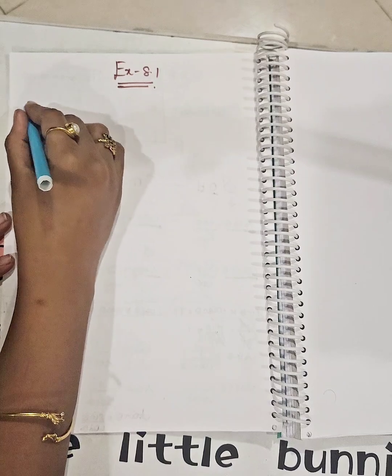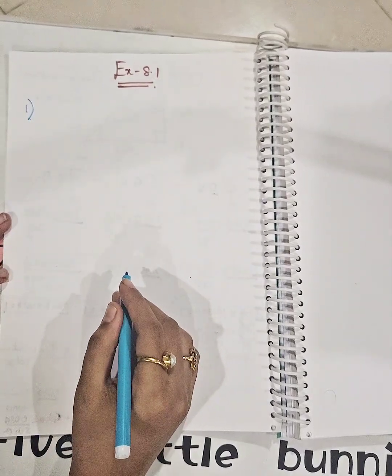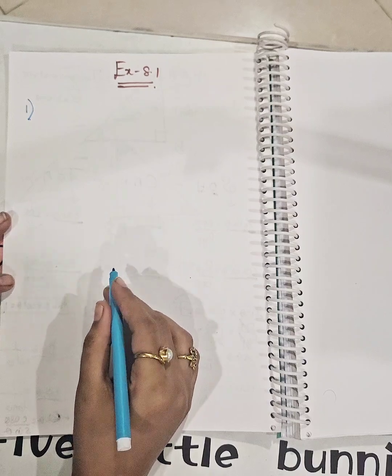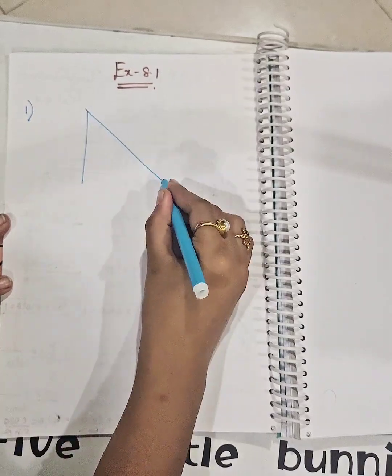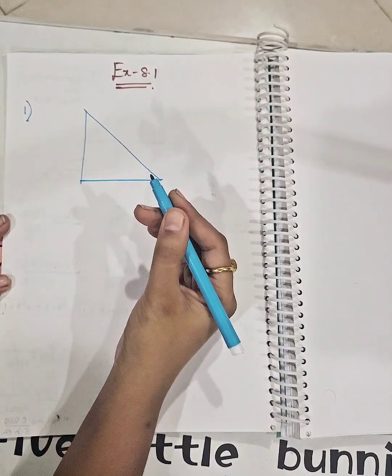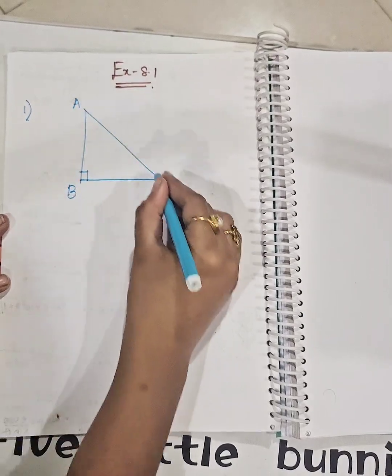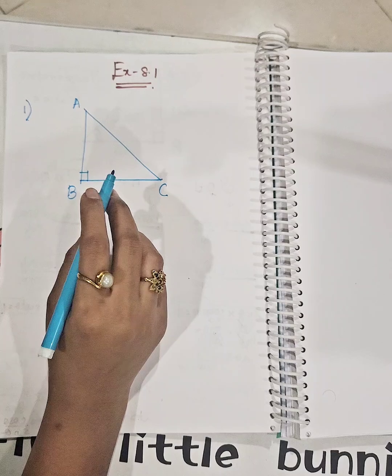So in the first sum, in triangle ABC, they have mentioned that this triangle is right angled at B. So let us take this triangle. They have given the measurements also.